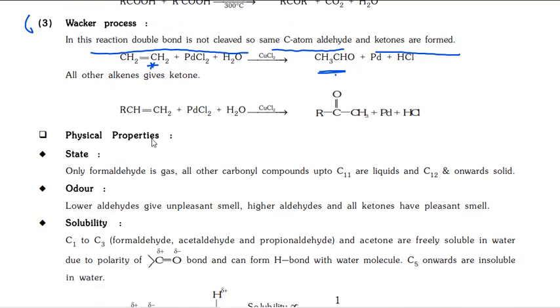Here it is nothing but just addition of a water molecule. But see here, hydrogen and OH. Where OH is attacking, on that side oxidation takes place; that carbon gets oxidized.